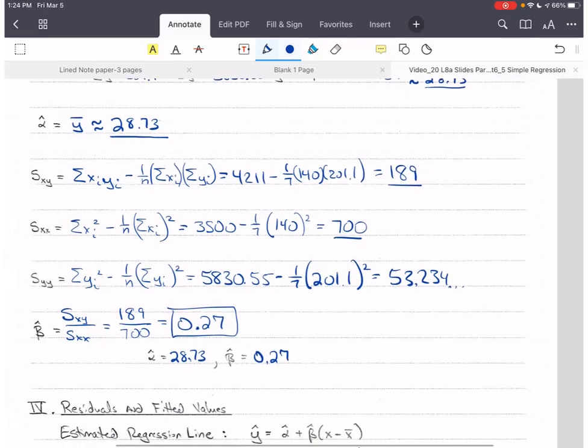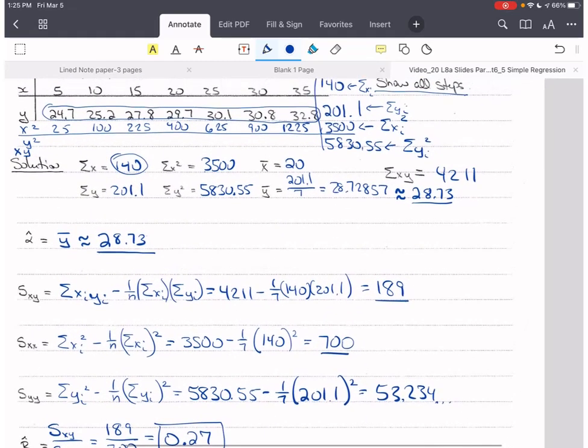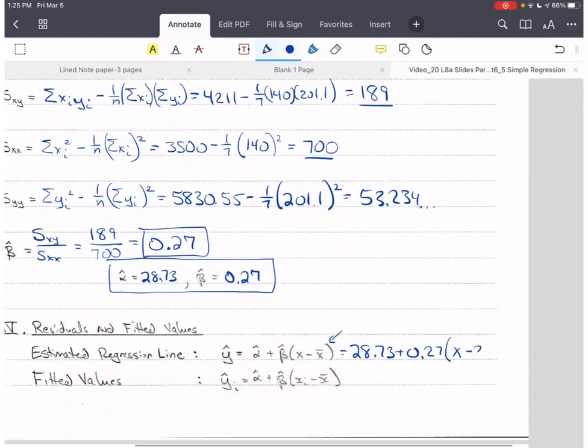Okay, so now we have our least squares estimators, and we can use these to write a line. And again, remember that the line that we're going to use is here, so we could say y hat is equal to 28.73 plus 0.27 times x minus, and x bar was, I believe, 20? Yes, 20, minus 20.